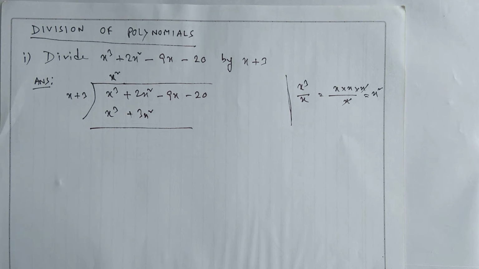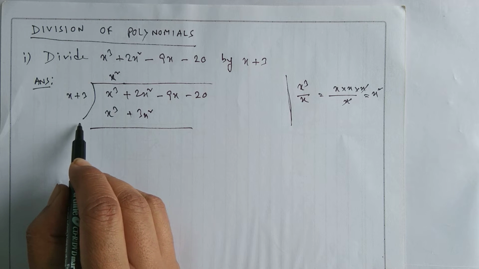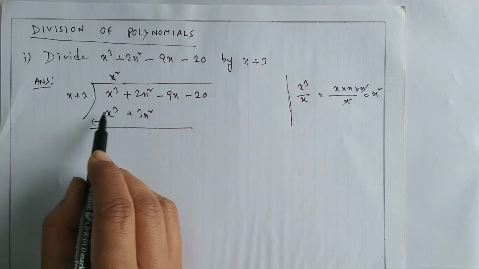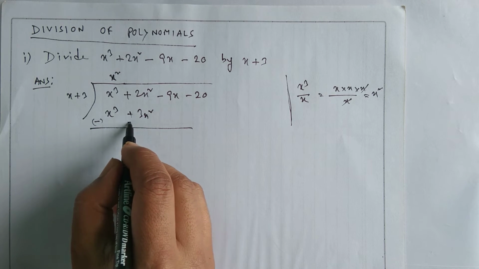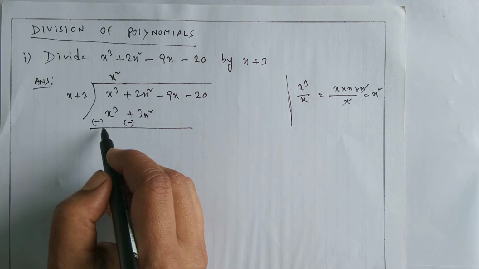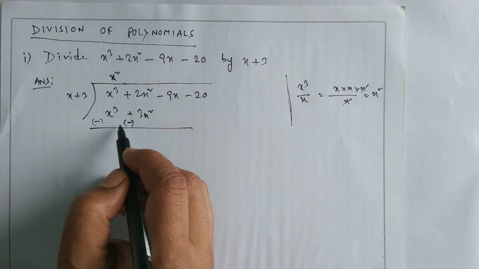Now the next step is again subtraction, like our ordinary subtraction. Here it is plus, we are going to do minus, so minus of plus will become minus. Again we are going to subtract this line. As I have written this minus sign within bracket, you need to consider only the minus sign in the bottom line.